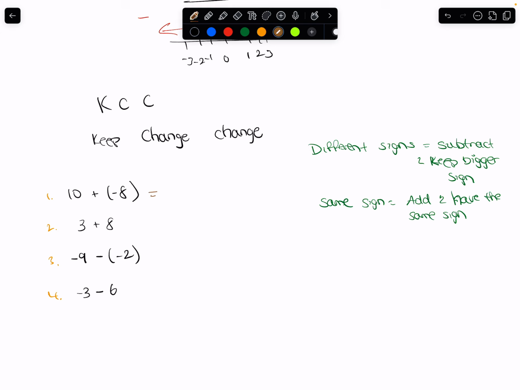First answer is 2. Second answer, 11. Third answer, -7. And the last one, -9. Let's go over each one step by step.